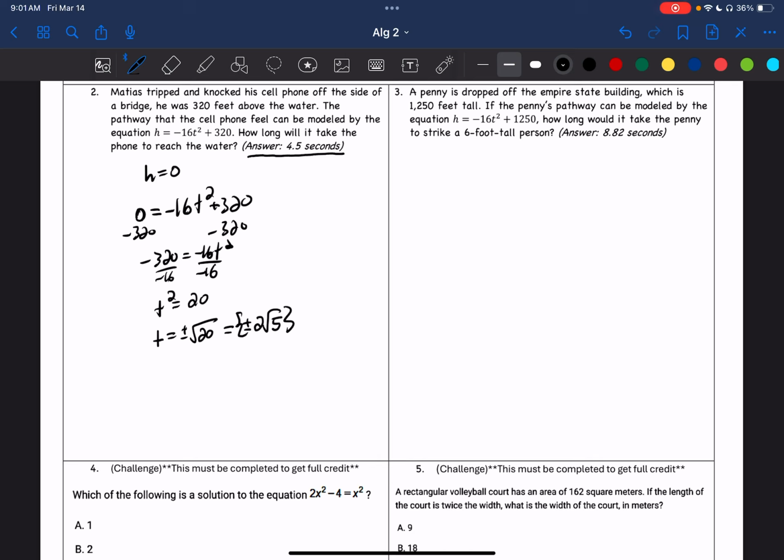So the phone will hit the water at 4.5 seconds after it is knocked off the bridge.